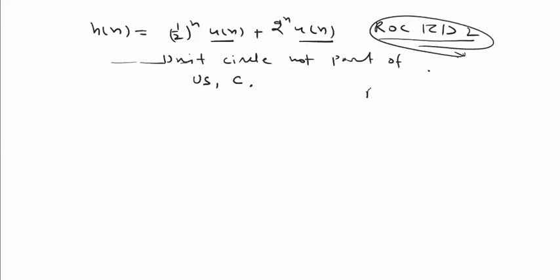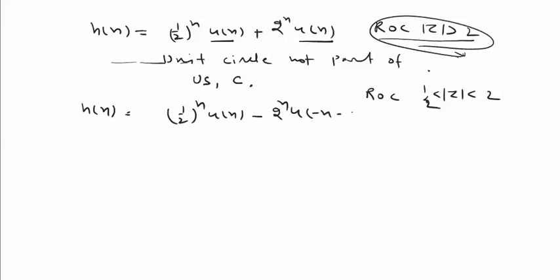If the second ROC is |z| less than 2 and greater than half, then we can write the expression directly as half power n u[n] minus 2 power n u[-n-1].